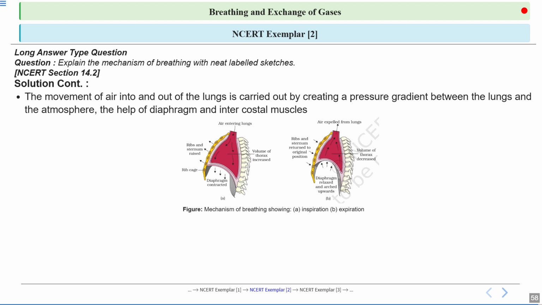So the movement of air into and out of the lungs is carried out by creating a pressure gradient, right? Negative pressure in the first position between the lungs and the atmosphere helps the diaphragm and intercostal muscles to contract and relax.